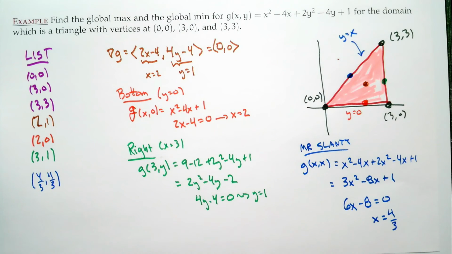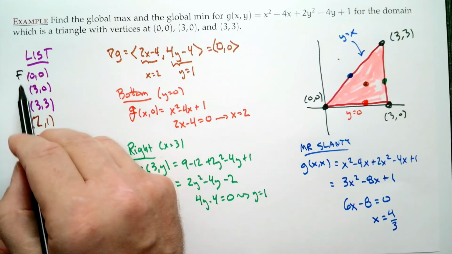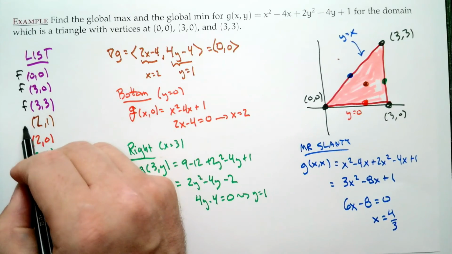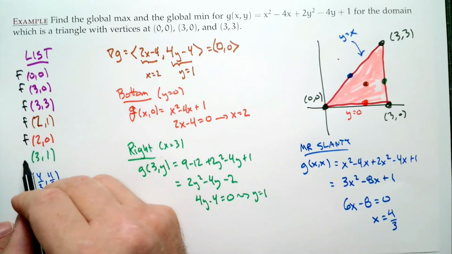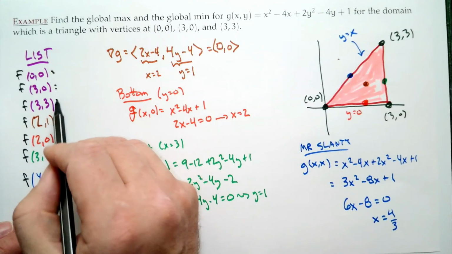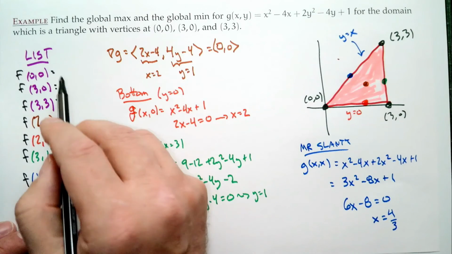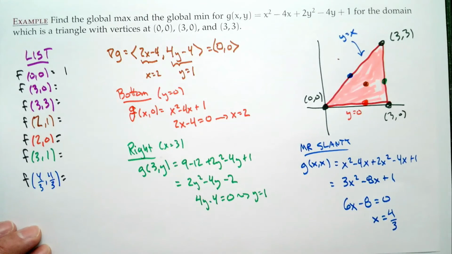Okay, what's our next thing to do? Plug them in. And nice thing, it's a shorter list. Should take us less time, we would hope. Okay. When we plug in (0, 0), what do we get? 1. (3, 0), what do we get?